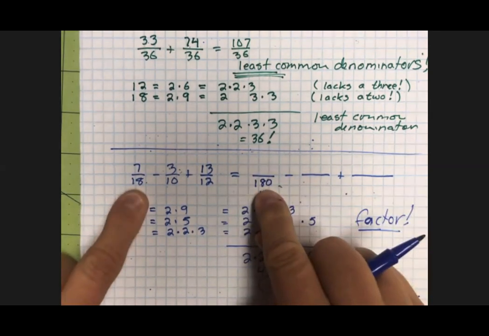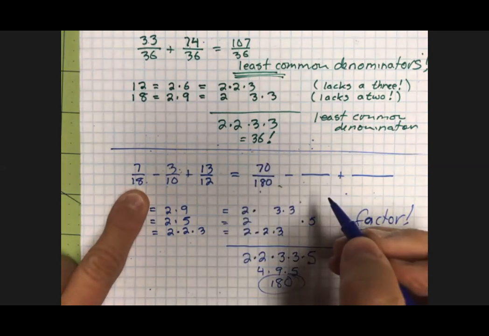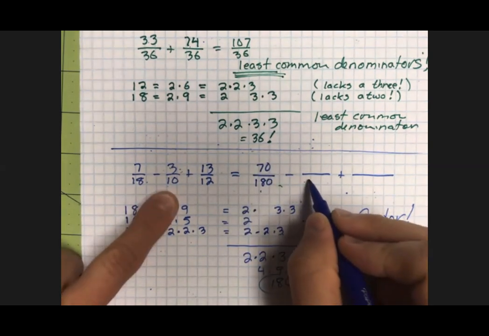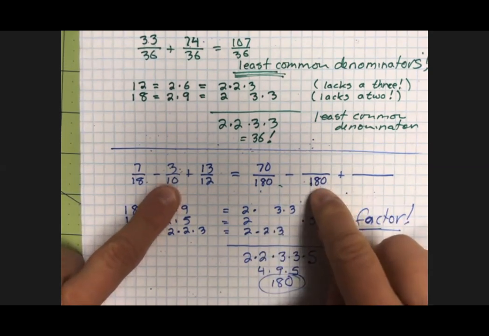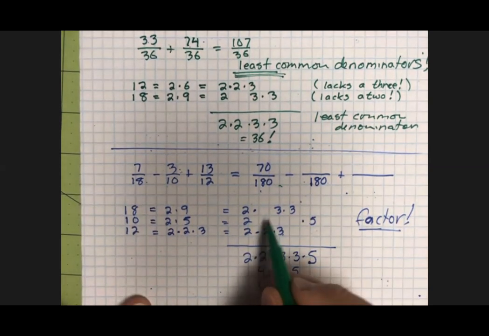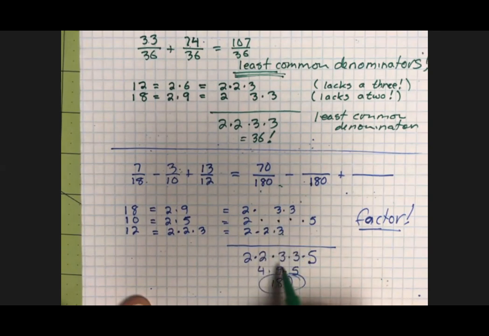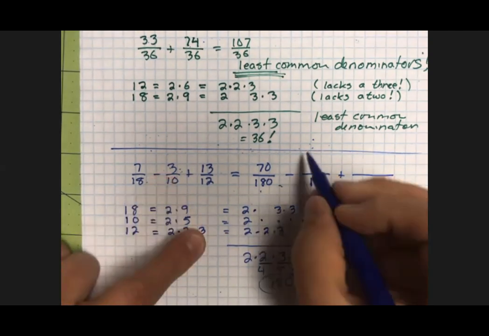How do you turn 18 into 180? Multiply by 10. So I'll multiply the top by 10. How do you turn 10 into 180? You fill in these missing pieces, and the missing pieces are a 2, a 3, and a 3. What is 2 times 3 times 3? 18. So I multiply the bottom by 18, I multiply the top by 18.